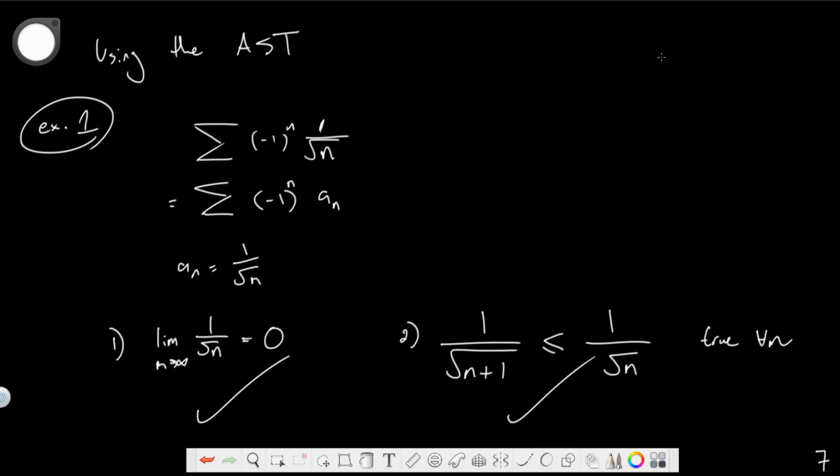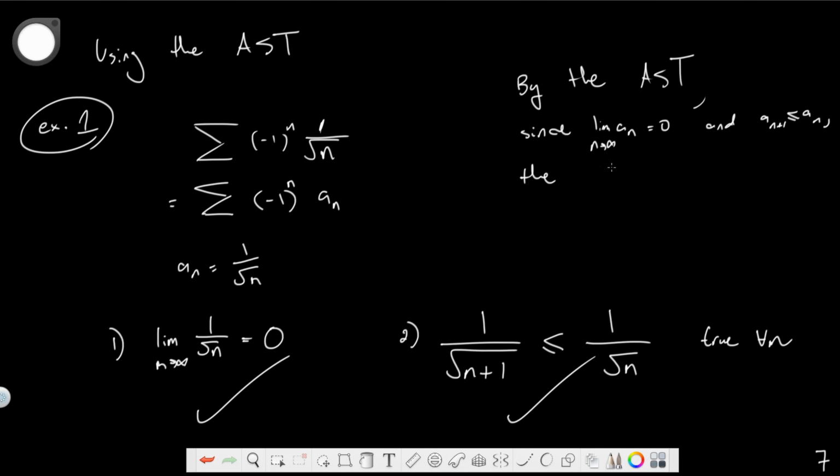I'm going to use the empty space up here. By the alternating series test, since the limit of a sub n as n goes to infinity is equal to 0, and a sub n plus 1 is less than or equal to a sub n, the series converges.